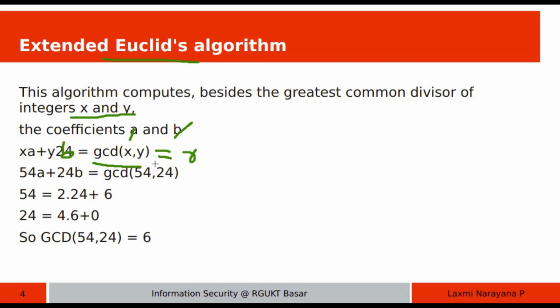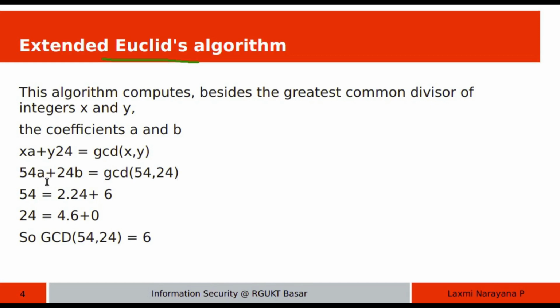By reversing the steps in the Euclidean algorithm, it is possible to find the integers a and b. We shall do this with the previous example, GCD of 54 and 24.